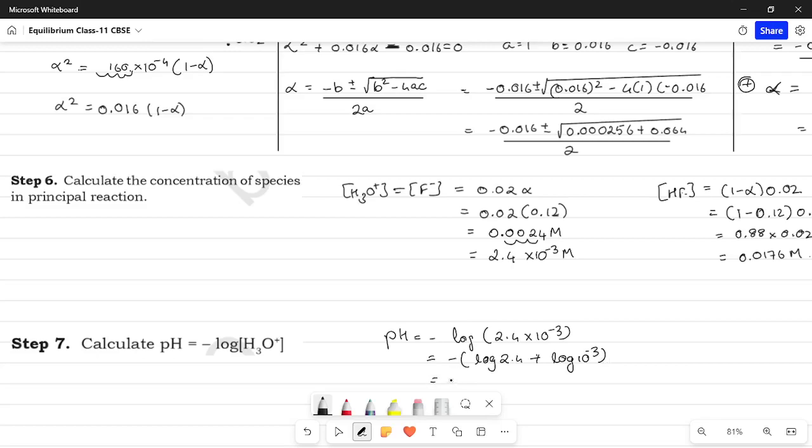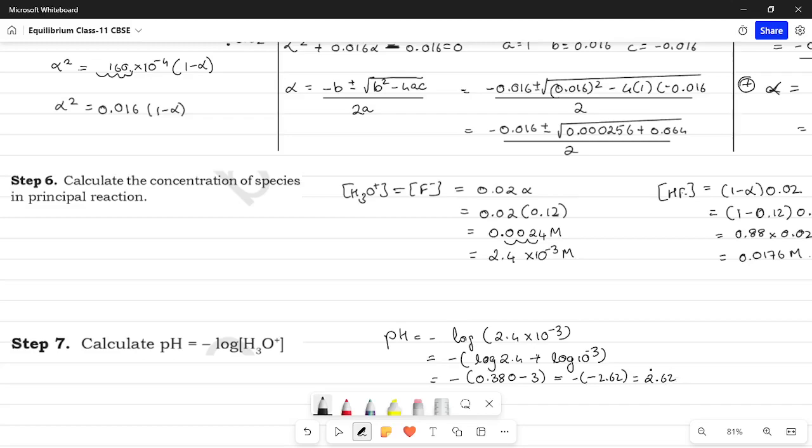So this is equal to minus log 2.4 is equal to 0.380. So 0.380 minus 3. And this, when simplified, gives us minus of minus 2.62, which is equal to 2.62. So the pH of the solution is 2.62.